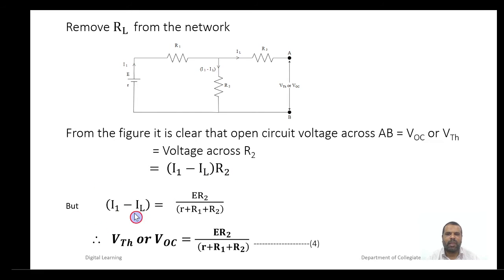But I1 minus IL is equal to E divided by (r plus R1 plus R2). Therefore, VTH or VOC is equal to E R2 divided by (r plus R1 plus R2).